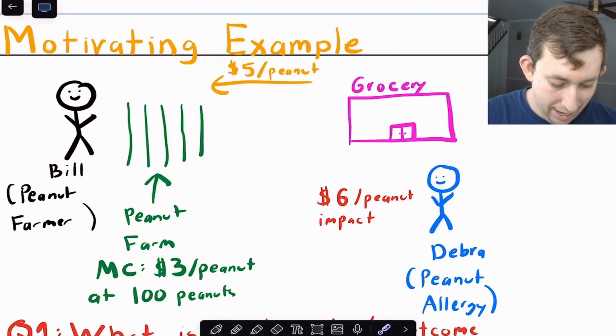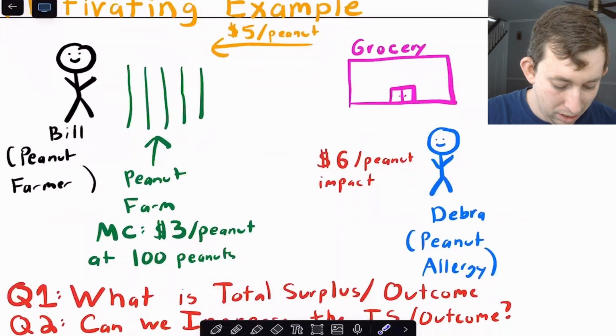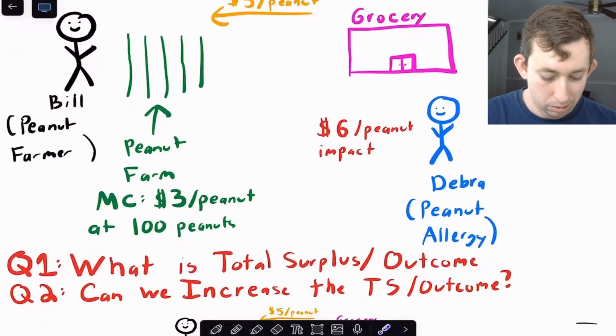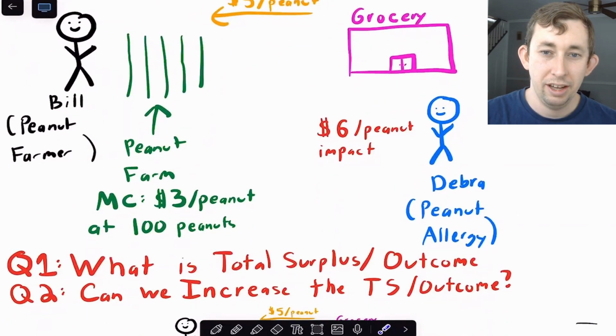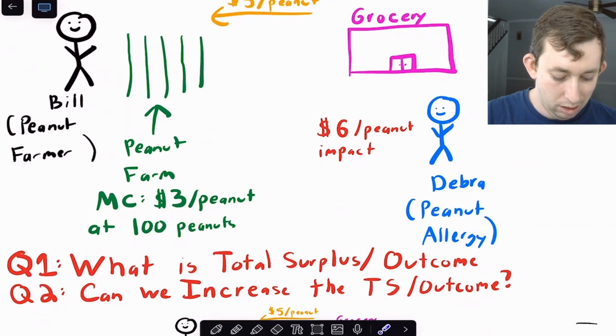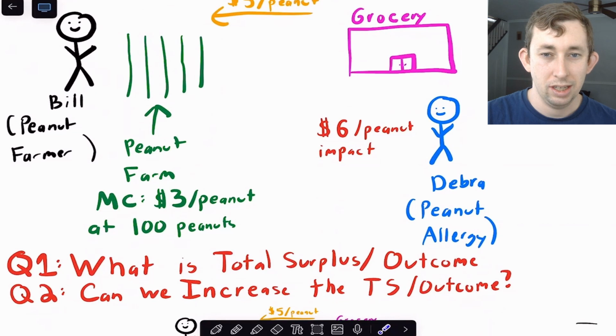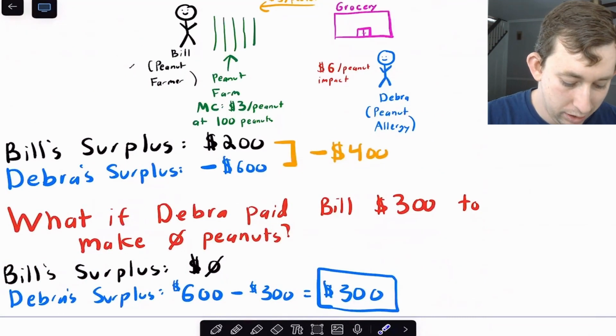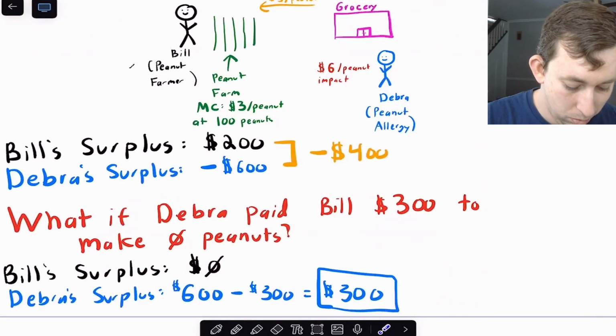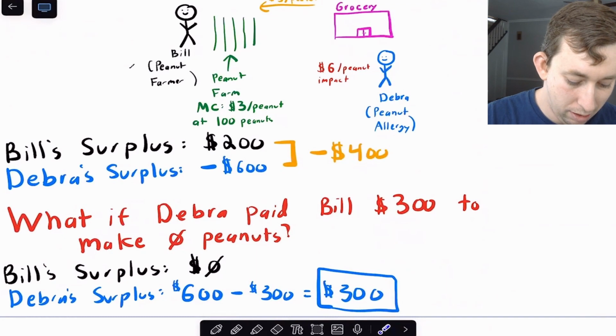And so we're going to ask two different questions about this situation. The first is, what is the total surplus or the outcome if Bill does not take Deborah's allergy into account? And the second question is, can we increase the total surplus? Can we make this outcome better for society in some way? So let's answer the first question. Currently the total surplus, well, Bill is able to get $2 a peanut.